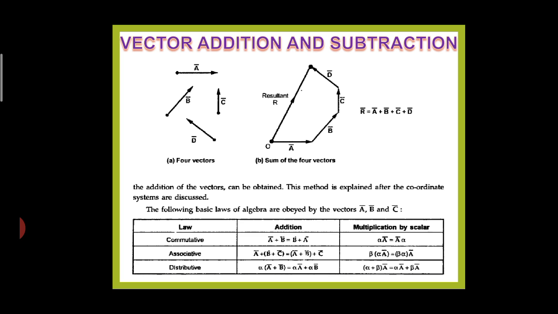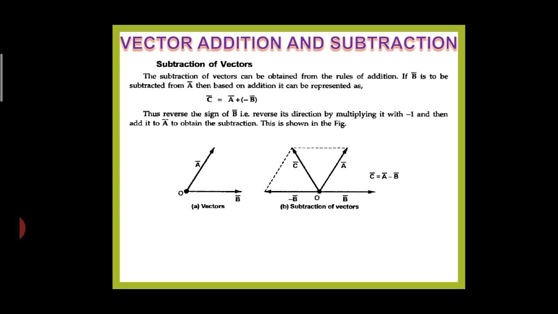In associative: A plus in bracket B plus C bar equals in bracket A plus B bar, plus C bar, while in multiplication by scalar, beta in bracket alpha into A bar equals in bracket beta alpha into A bar. And in distributive: alpha in bracket A plus B is equal to alpha A bar plus alpha B bar, and in multiplication by scalar, in bracket alpha plus beta into A bar is equal to alpha A bar plus beta into A bar. So these are the different types of laws.